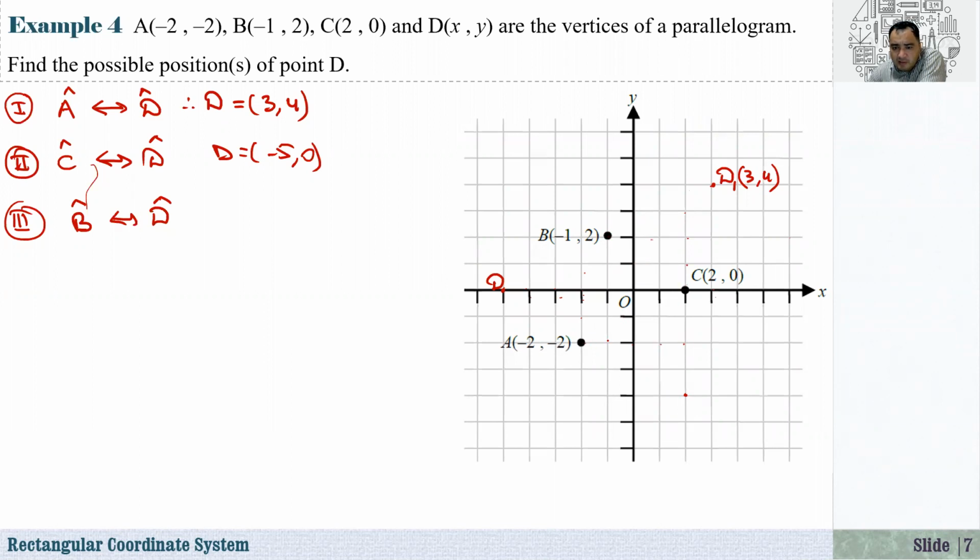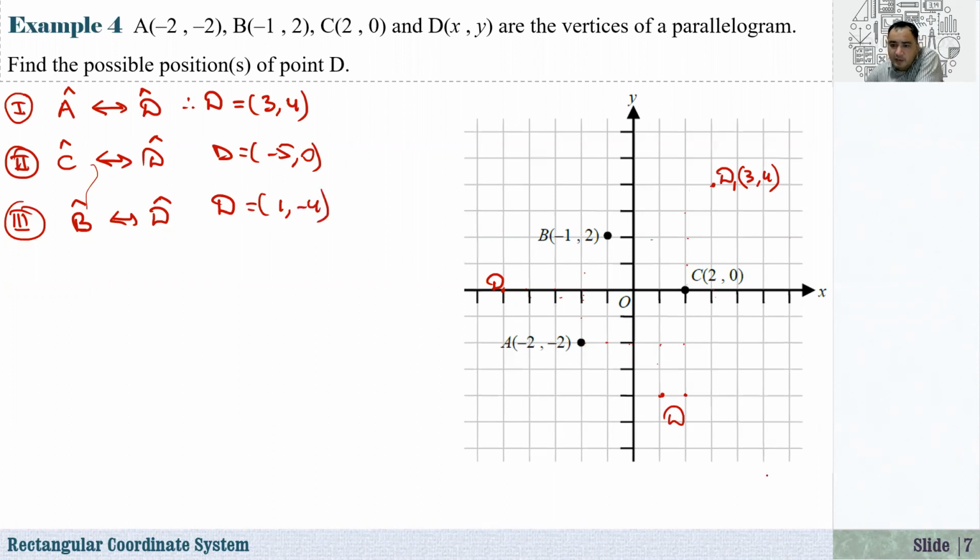So from A, it is 1, 2, 3 units, and 2 units down, 1, 2. So it will be here. It's the third possible position of D. So the coordinates of D will be 1 and -4, that is 1, 2, 3, 4.